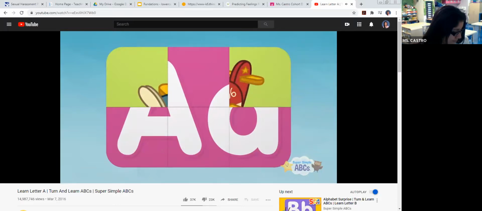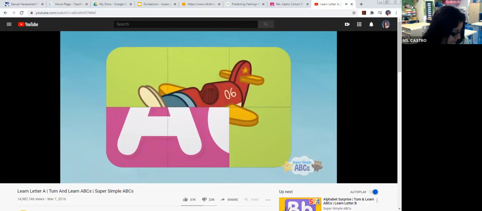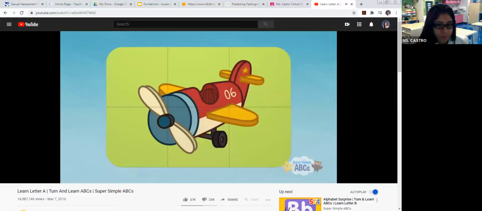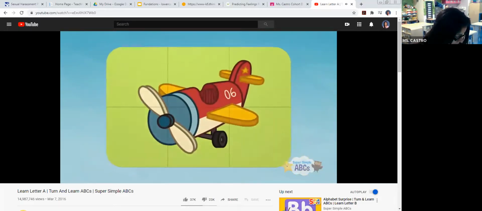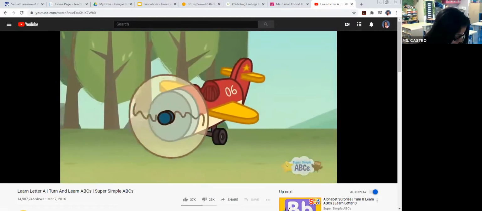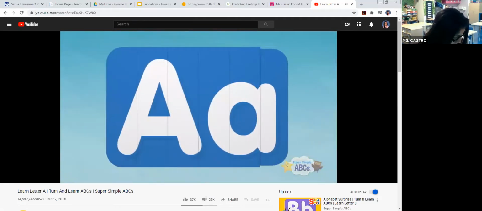I see a little star. Something yellow. And the number 6? I think I know what this is. airplane. Airplane starts with the letter A. Let's play again.